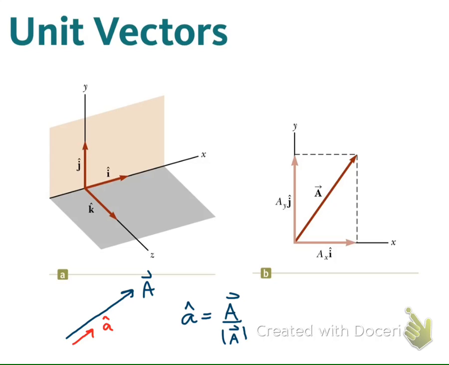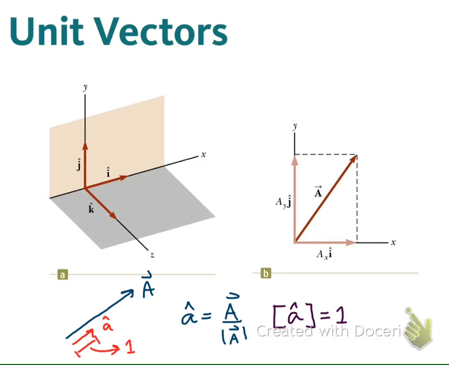You can see that we use a special symbol, that is, we put a hat above the letter for the unit vector. From this definition, it is obvious that the length of the unit vector is equal to 1, right?